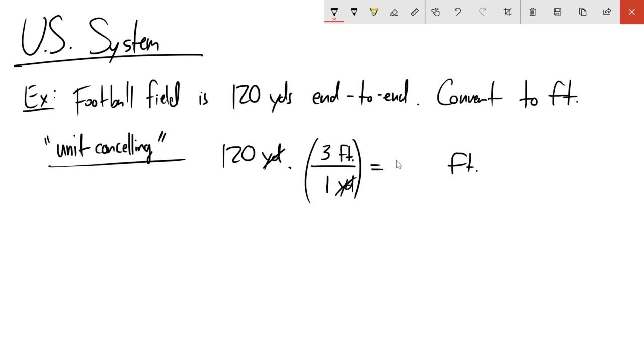Then you can see that the 3 is in the numerator, so you have 120 times 3 on top, and just a 1 on the bottom. So this just becomes a multiplication problem. The answer is 120 times 3, which is 360 feet. The unit canceling method helps you understand whether the right decision would be to multiply or to divide.